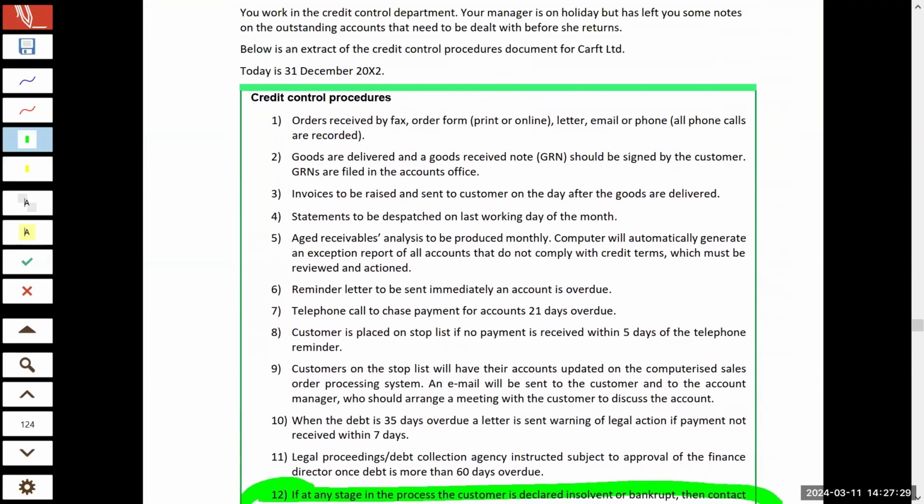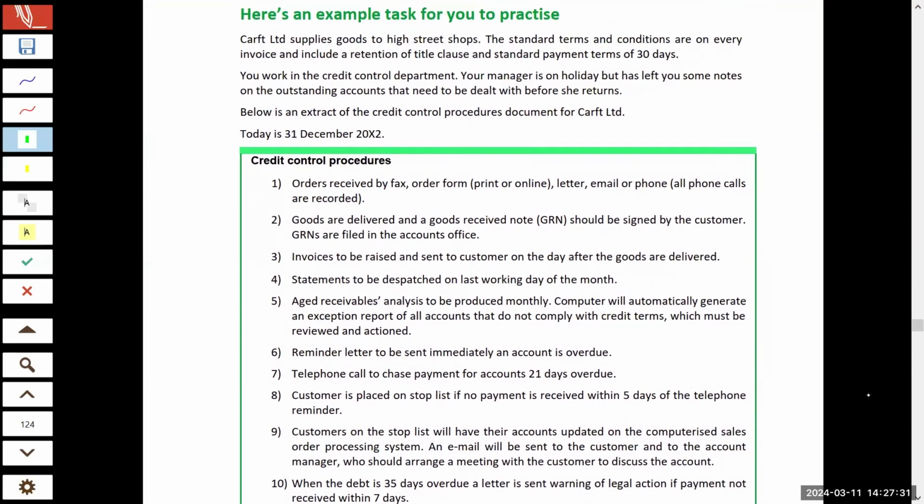Now, we are also told that we actually have a retention of title. And as this order was only placed moderately recently, it's a fair assumption to say that we can probably get those goods back.